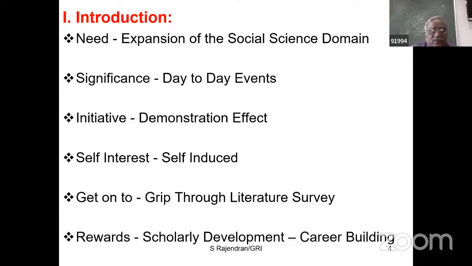For instance, take whatever the print media said immediately after the COVID-19 lockdown and infection, there are tons and tons of literature and diverse views on the economy as such. Therefore, if you keep on reading, assimilating, and digesting such literature, you get various issues that can be taken up for research.